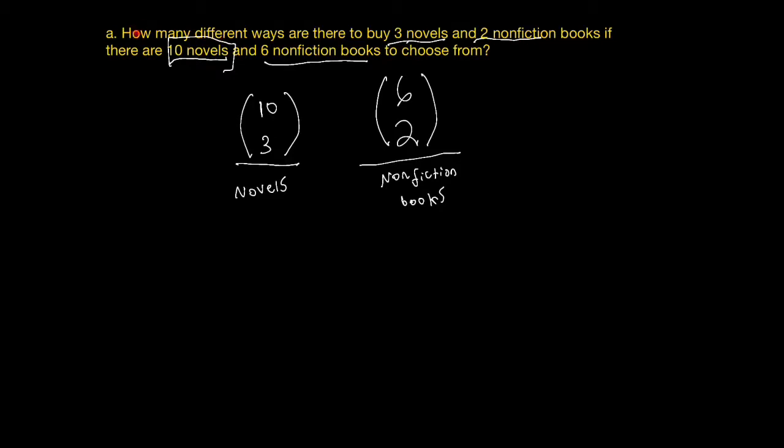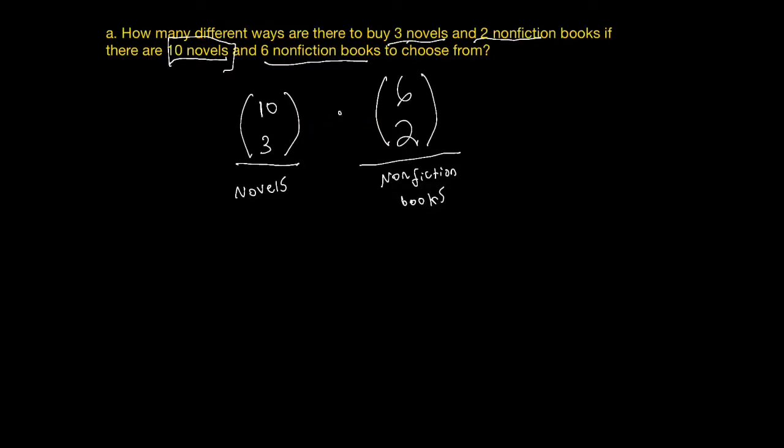Here we're trying to find how many different ways we can do this, and we can find that out by getting the combination for novels, getting the combination for nonfiction books, and now, due to the multiplication rule, to get the total possible ways, we just get the product of these.